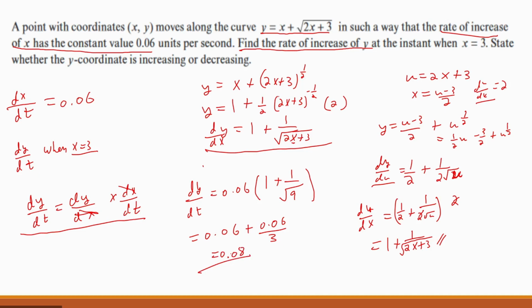As you can see, this value is positive, it is greater than 0. This means that the gradient is increasing, which means that your y coordinate is basically increasing. Increasing gradient equals increasing y value, as you can see.